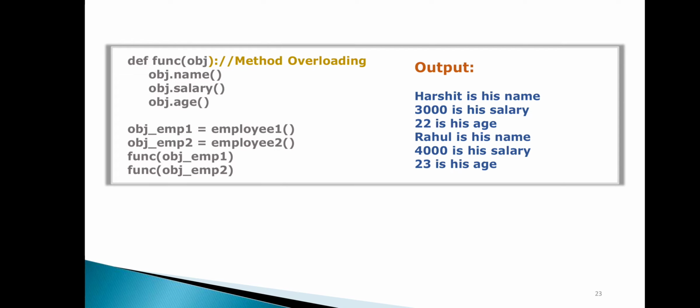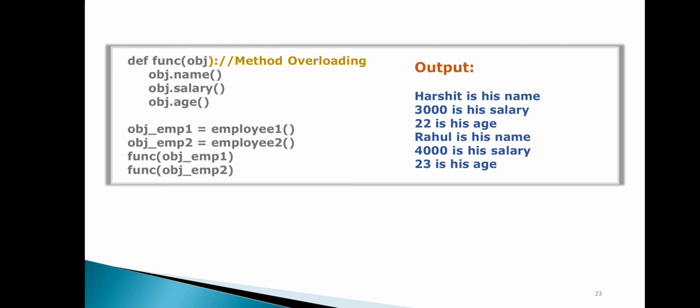We can achieve this method overloading like this by creating a new function and taking an object as the parameter and calling them using the defined methods. Here on the right side we can see the output, how it gets.